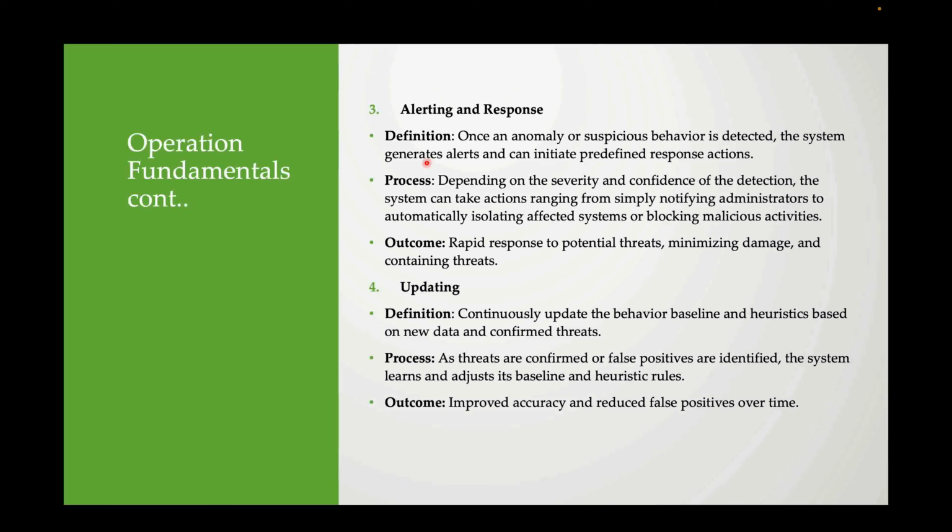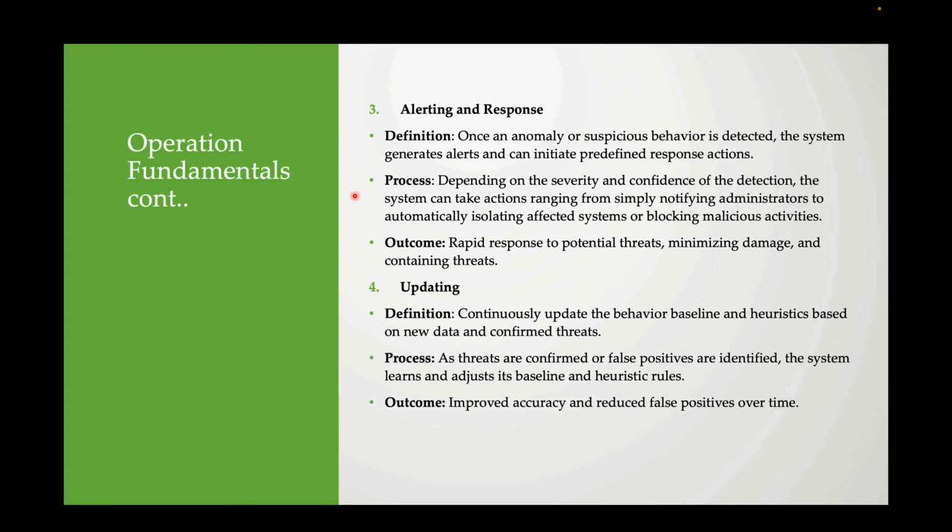The third step, I mean, is alerting and response. What does it mean? Once an anomaly or suspicious behavior is detected, the system generates alerts and can initiate predefined response actions. The process basically depends on the severity and confidence of the detection.